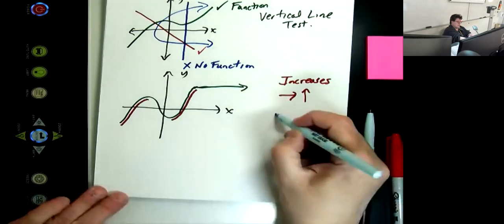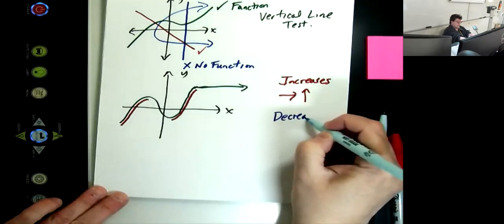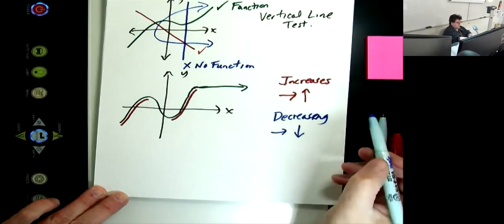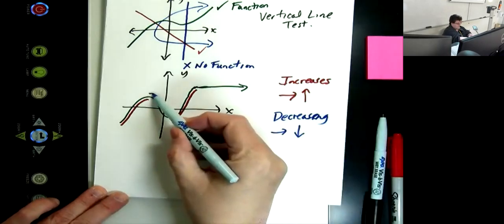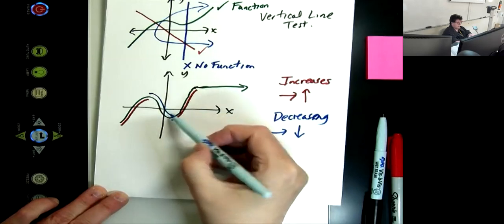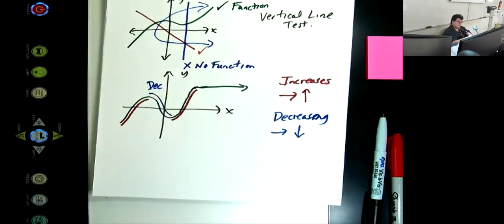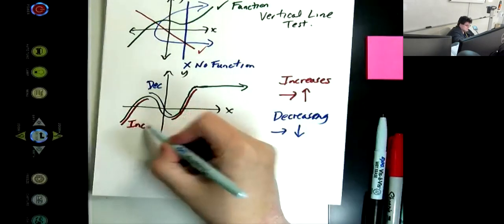Decreasing means as it goes to the right, it goes down. So that would happen right here, and that's it. So that's my decreasing section. These two red sections are my increasing sections.